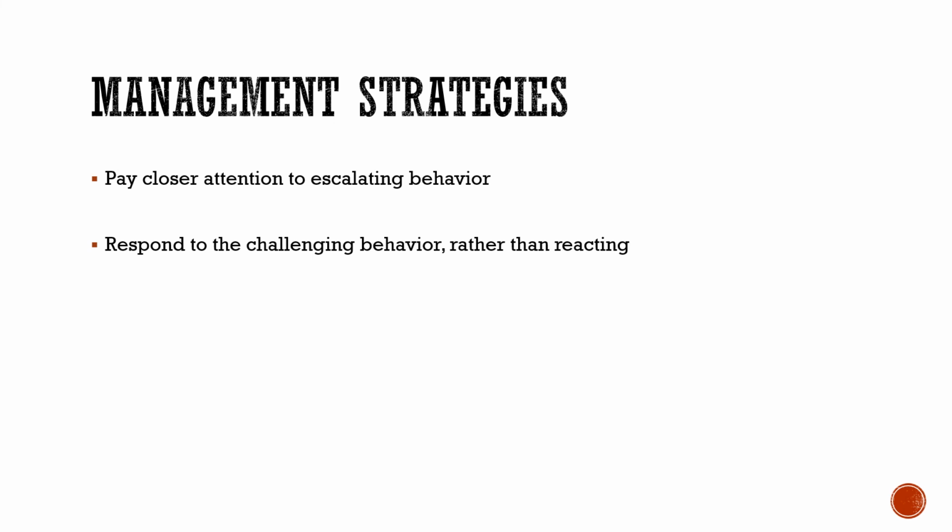Of course, she could have responded to the challenging behavior rather than reacting as she did. So using more warm interactions can help reduce that challenging behavior and help the teacher intervene more appropriately, responding to those things rather than reacting with emotion.